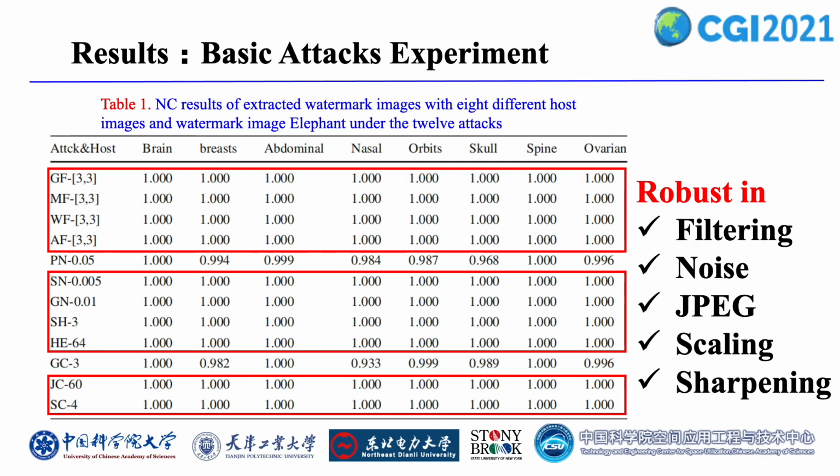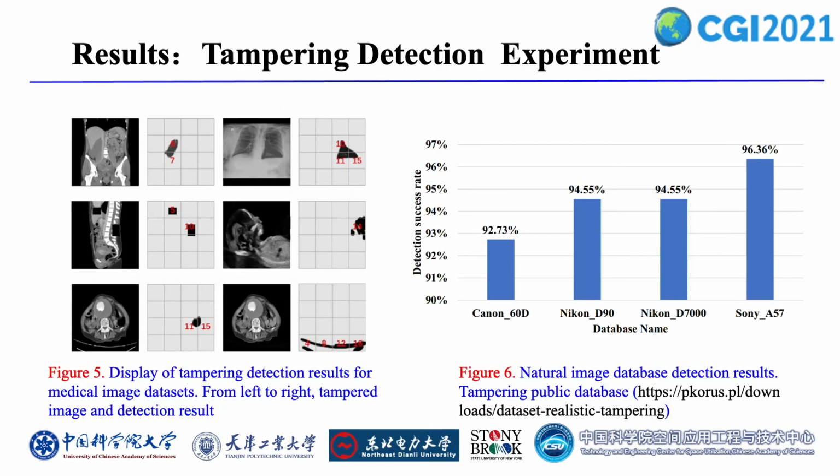The NC values of recovered watermarks are tabulated in Table 1, from which we can see that NC values of the extracted watermark images are 1 under 12 kinds of attacks, including filtering attacks, noise attacks, and image enhancement attacks. 8 medical images are subjected to 3 kinds of random tampering.